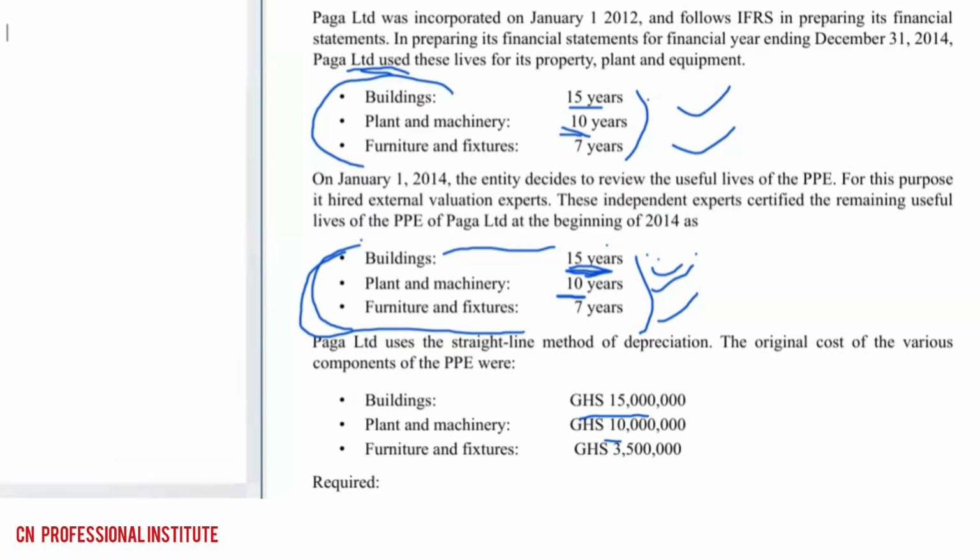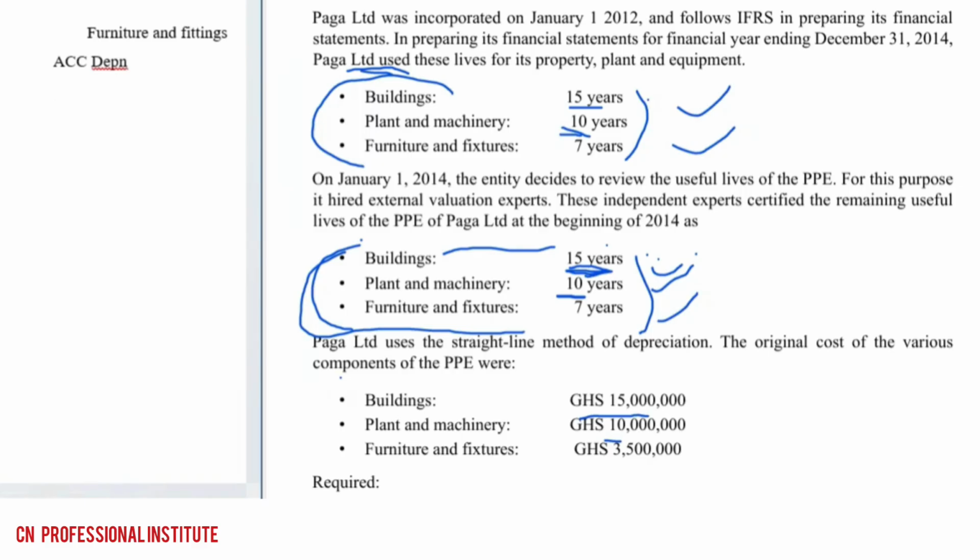Then let's go and look at furniture and fittings. Okay, so for furniture and fittings, the same thing, you have to add accumulated depreciation for 2 years. That is for 2012 and then 2013. Okay, so what's the cost of the asset?